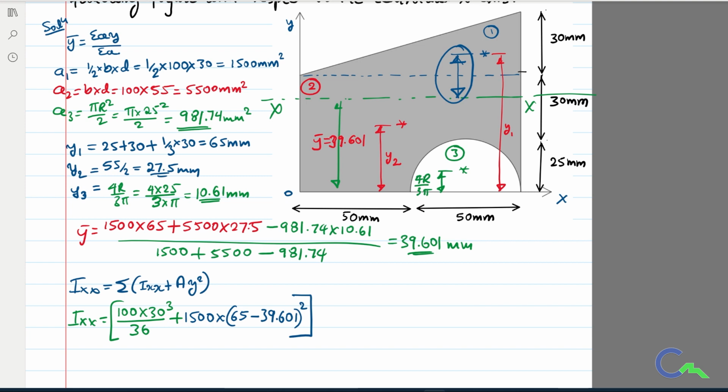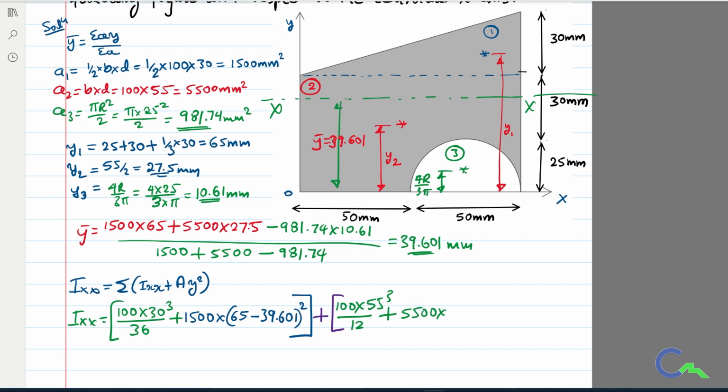Plus the second value, that is the rectangle. For the rectangle, Ixx is bd cube by 12. B for the rectangle is 100, d is 55, bd cube divided by 12. The area of the rectangle is 5500.